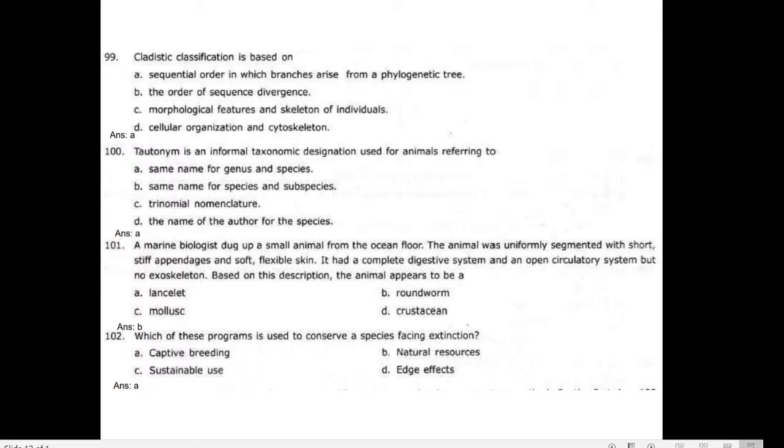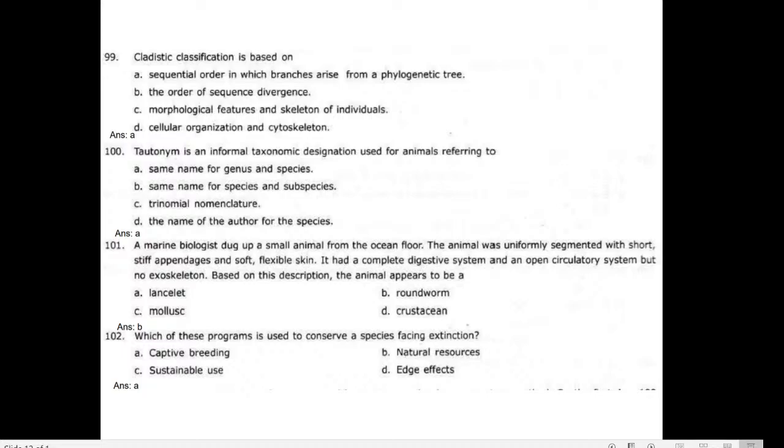This is about classifying animals; cladistics and phylogenetics have two different bases. Cladistics is derived from phylogenetics, as a group of scientific classification.